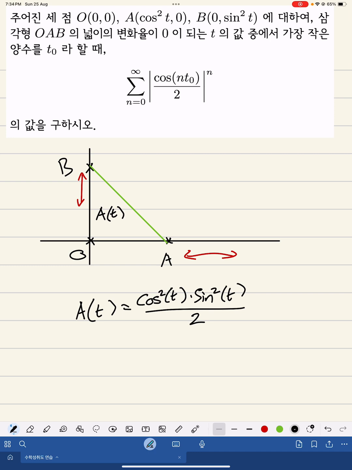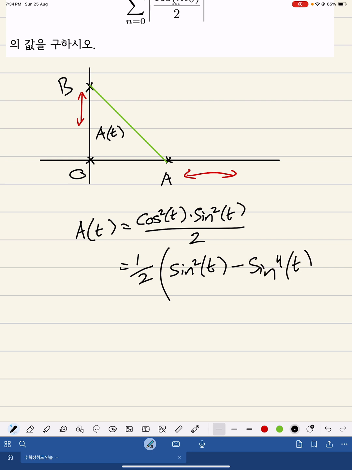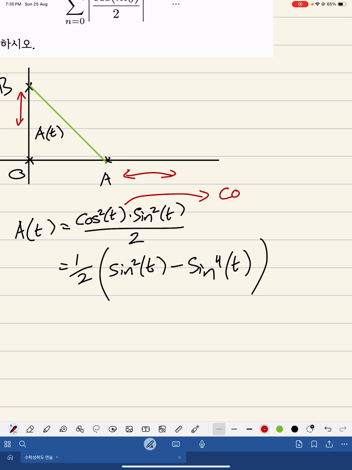We can rewrite this in many ways. I'll write this as 1 over 2 times (sine squared of t minus sine to the 4th of t), because we know that cosine squared of t equals 1 minus sine squared of t.